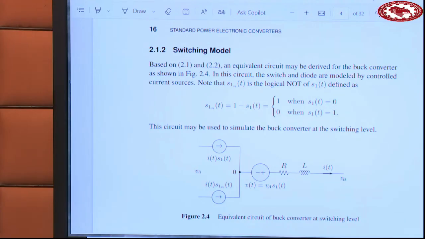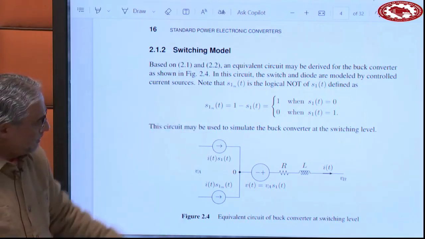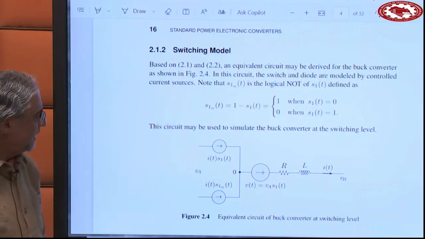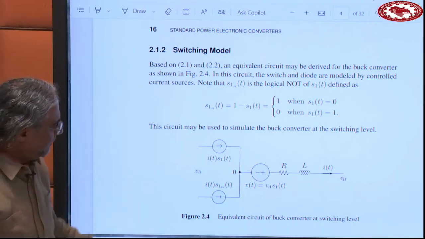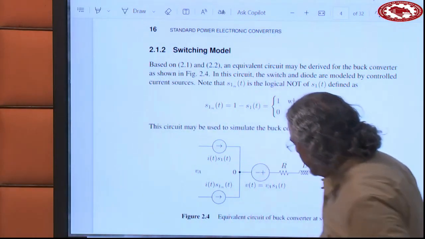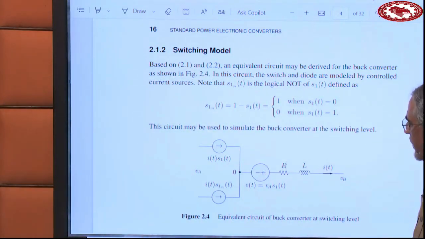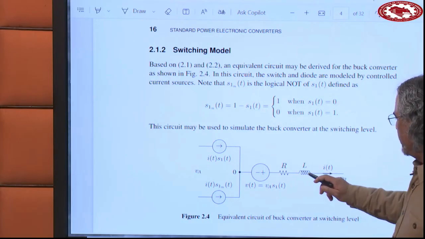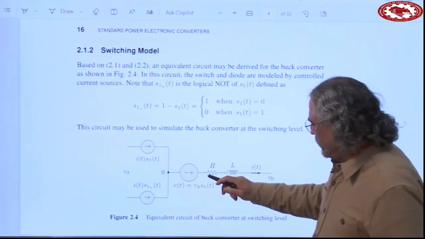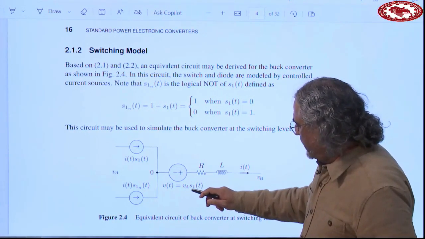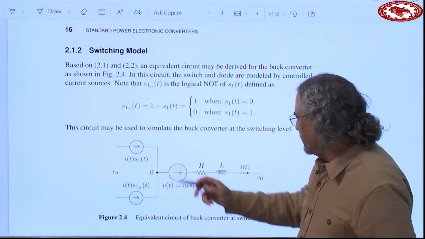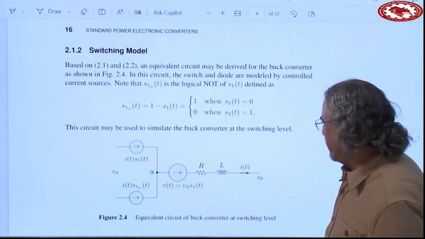So it's the complement of that switch. If you look at those two equations that I just explained, and this definition of S1 and S1N, you can say when the switch is on, the current is I, and it's flowing into this inductor. The voltage on this side is VA times S1, this point is 0 voltage, and this is VB.